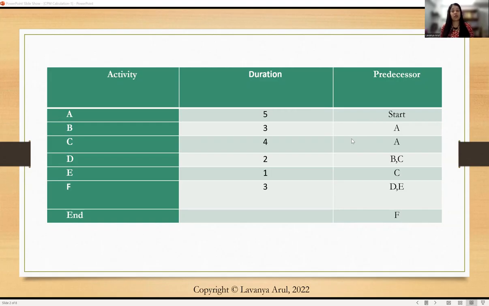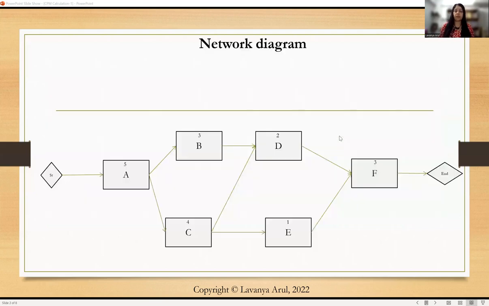Now, let's draw this diagram based on this question, and then we can explore further. The information that you saw in the earlier slide has been given in this network diagram. The interpretation is something like this. The project starts with activity A, and it is going to take 5 days to complete this activity.